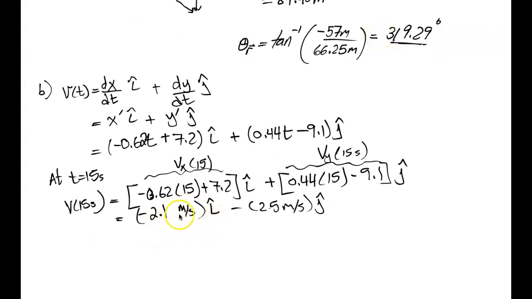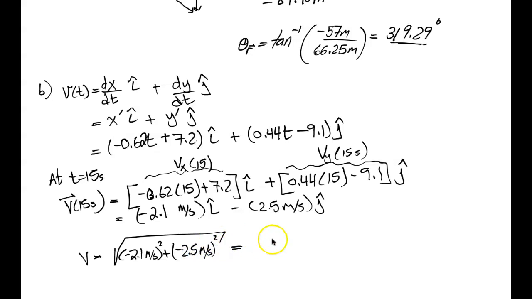So now we have the components of the velocity. The v magnitude at 15 would be the square root of negative 2.1 meters per second quantity squared plus negative 2.5 meters per second quantity squared, and that gives us a 3.26 meters per second magnitude.